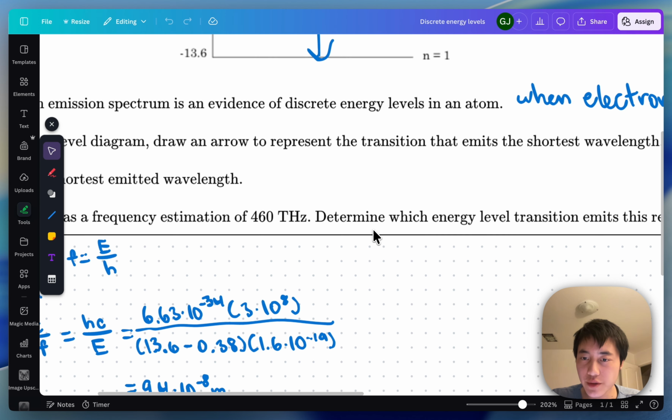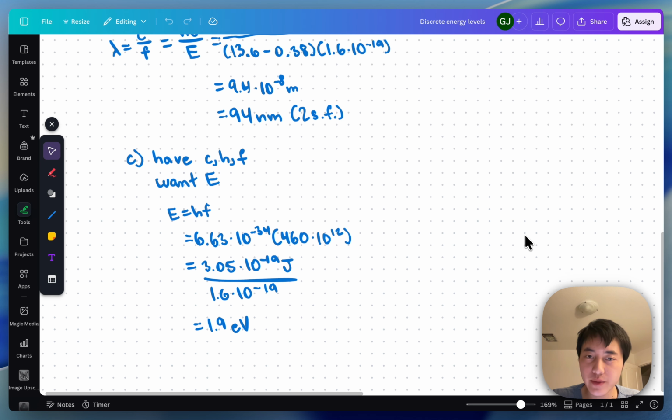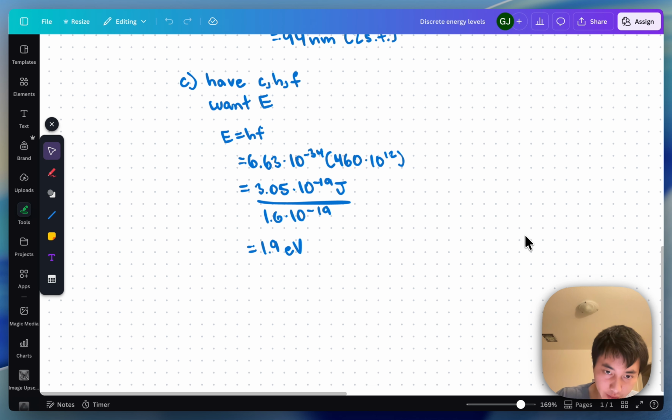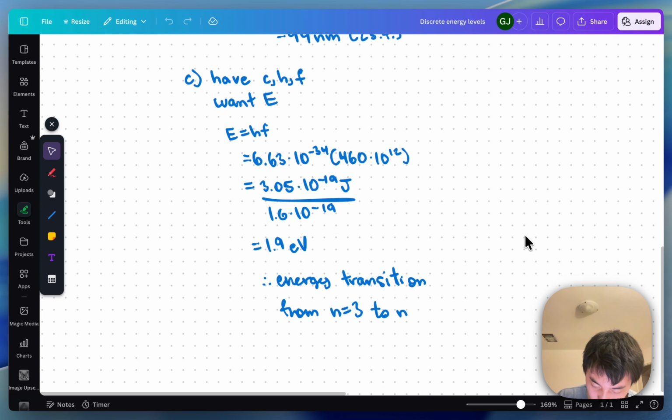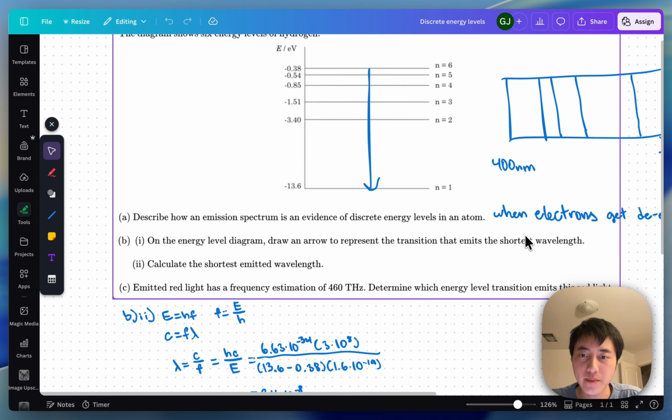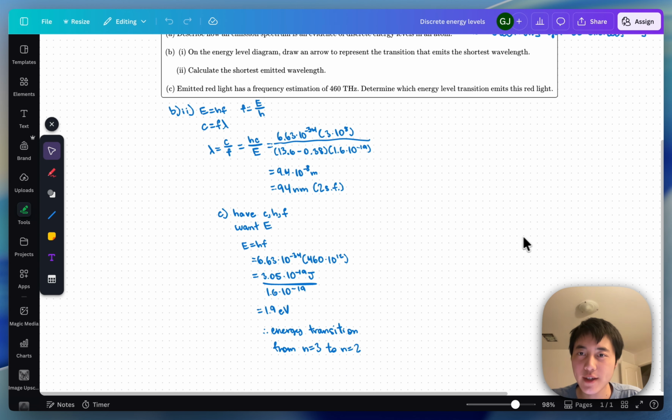So I think it's 2 to 3, or emitting, which means 3 to 2. So we can just write, therefore, energy transition. That is our final answer for C, and we have completed this question. So yeah, thank you.